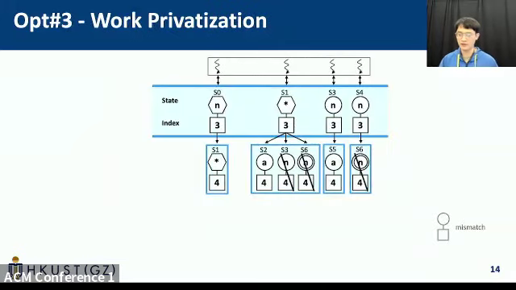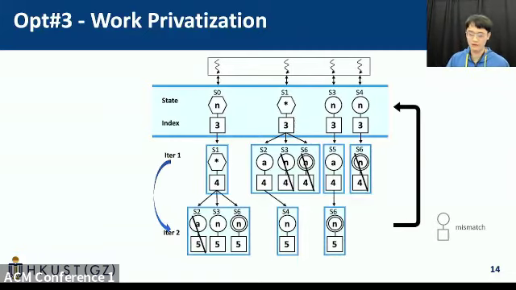And the third optimization is work privatization. We use work privatization to improve the data locality. In work privatization, each thread can decide whether it should continue to process the extended neighbors rather than directly writing them back to the shared worklist.